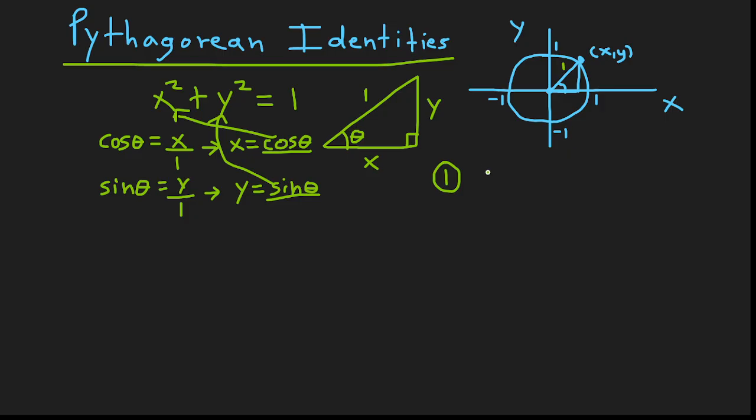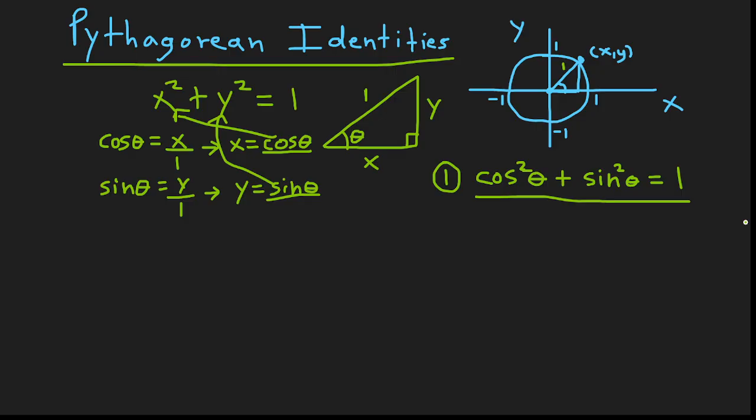So that's going to be cosine squared theta plus sine squared theta, and that equals 1. So there is our first Pythagorean identity.